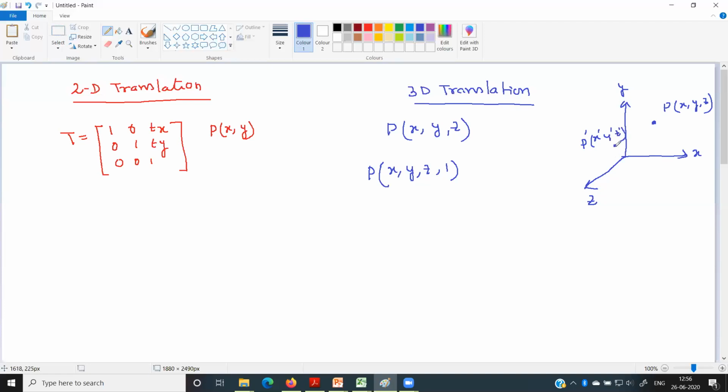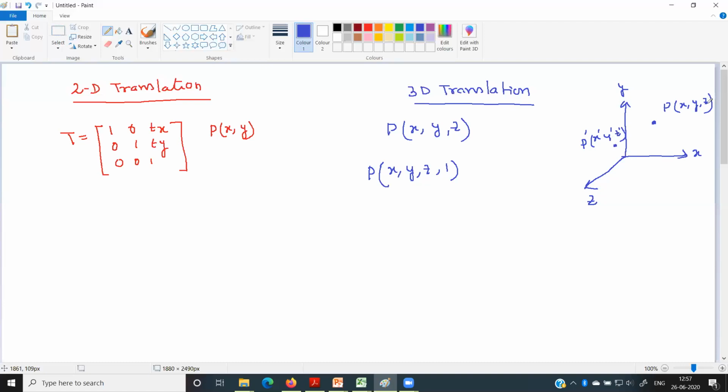So how can we translate? To perform this translation, we need to translate X by Tx amount along the X direction. We have to translate the Y value by adding Ty to Y, so that we can translate Y to the Y dashed position.